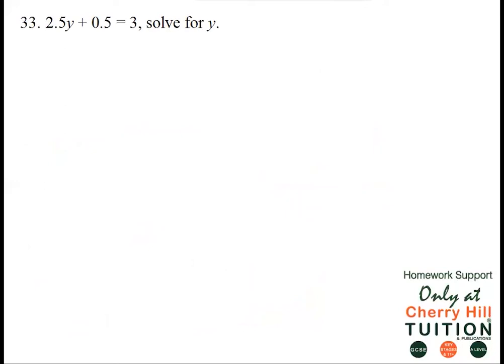Question 33, we have 2.5y plus 0.5 is equal to 3. Hopefully you can see we can already collect like terms by bringing the 0.5 to the right-hand side.